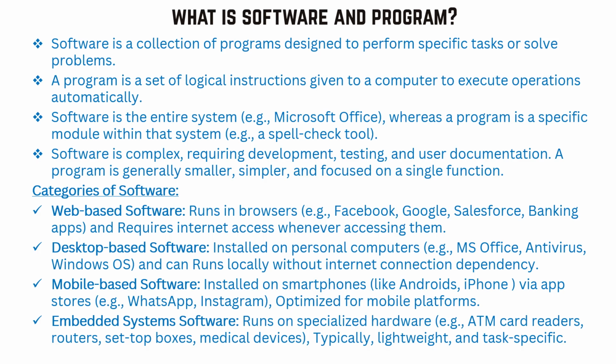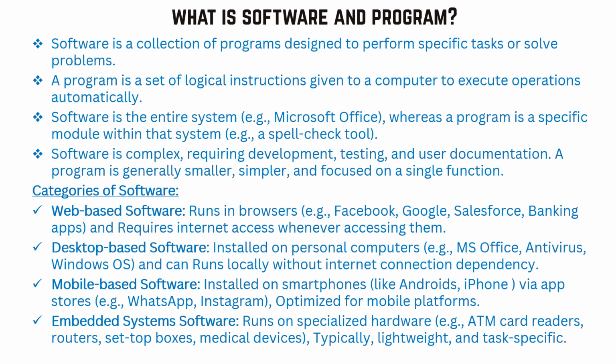There may be a support team who are responsible for providing support for the product, the program, or the software. There are the business analyst teams or subject matter experts who are responsible for dealing with the requirements, and there are a lot of other teams also involved in the IT sector like admin, HR, networking team, and so on. So let's start with what is software and what is a program.